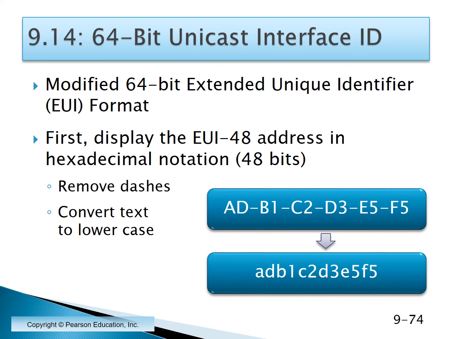That's the MAC address. So basically this 64 bits comes from your MAC address. So you display the EUI-48 address in hexadecimal notation, convert to lowercase, and remove the dashes, so it looks like this. So that's your EUI-48 address.